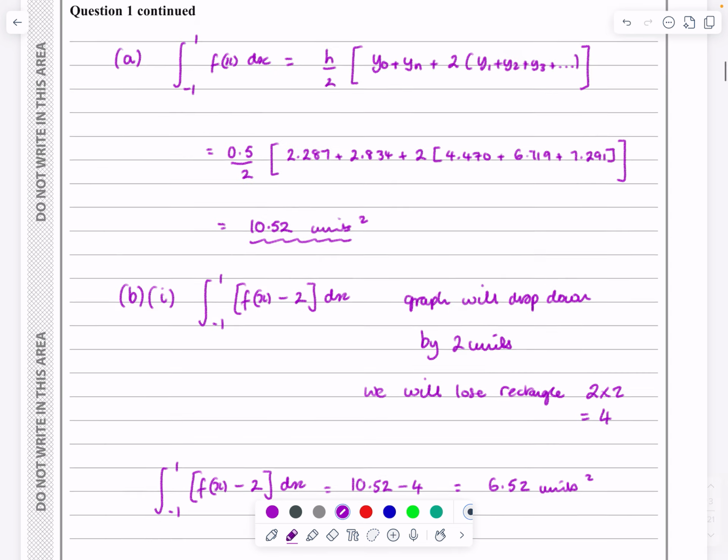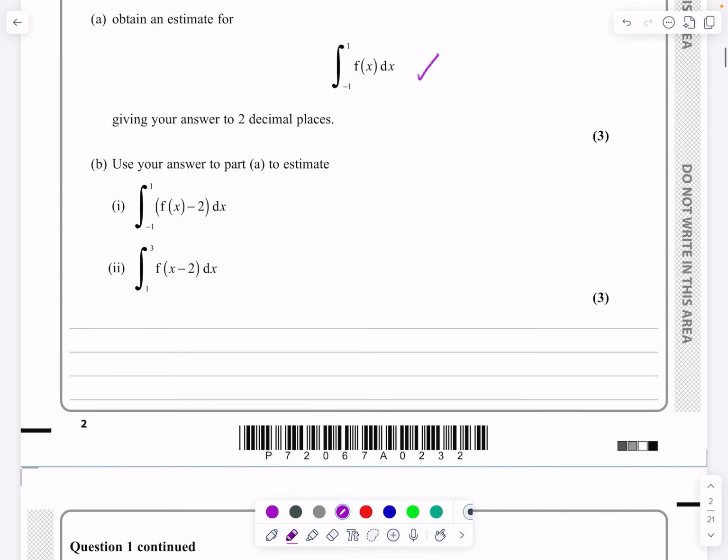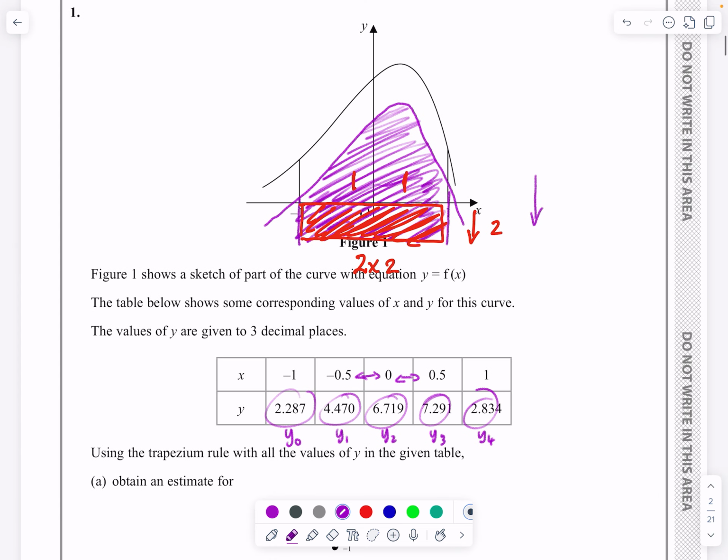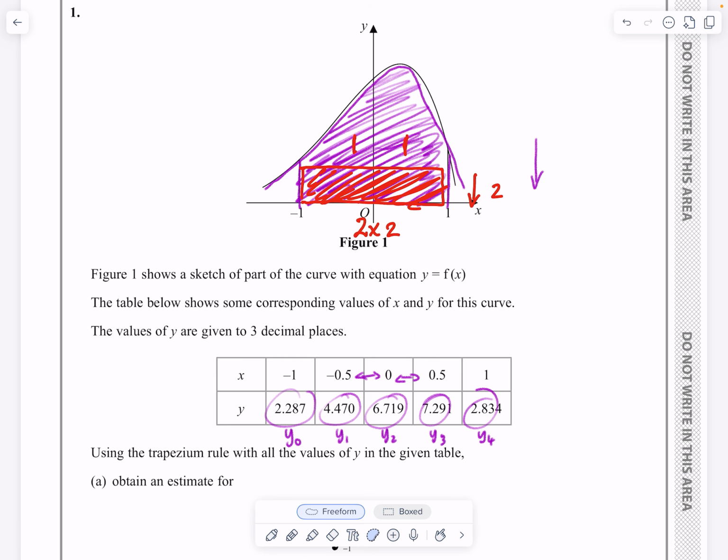Okay, let's have a look at part 2. What's that asking us? Part 2 is saying, what does f(x) minus 2 do? Well, f(x) minus 2 will shift the graph 2 units in that direction. So it's going to shift the whole area, the original thing that we had. Let's put this back. All that's going to happen is everything is going to move 2 units in that direction.